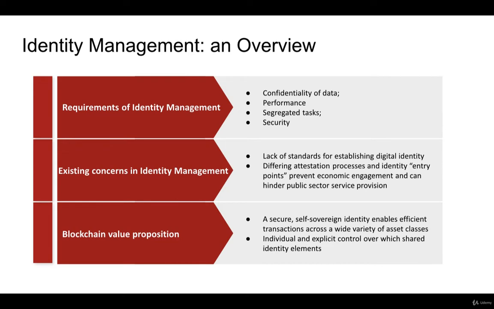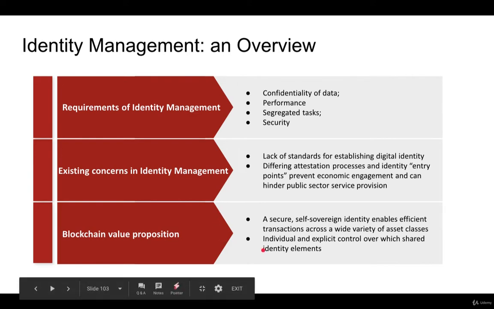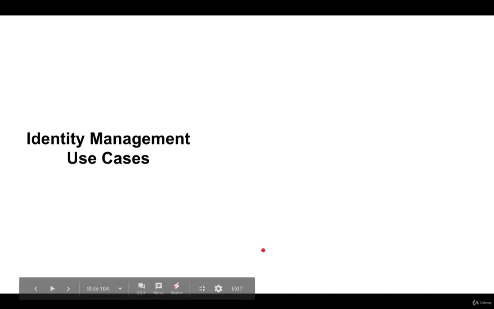So, as you can see here, we have explained the requirements for identity management, the existing concerns and how identity is managed, and the blockchain value proposition. After understanding these concepts, in the next slide, we will look at identity use cases.